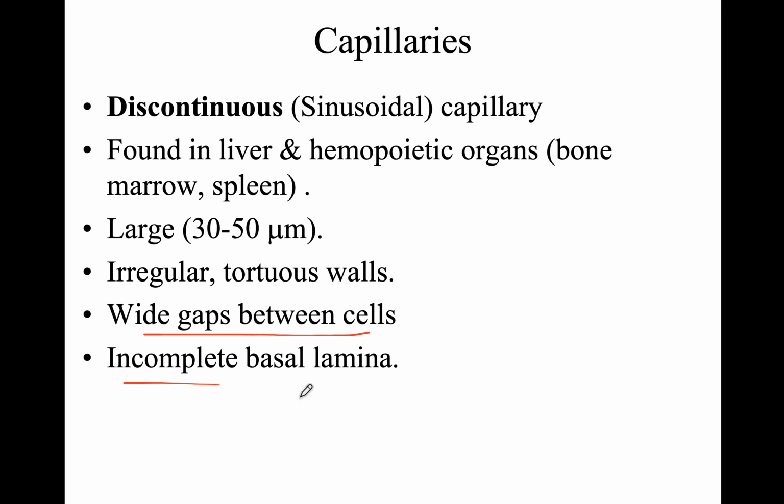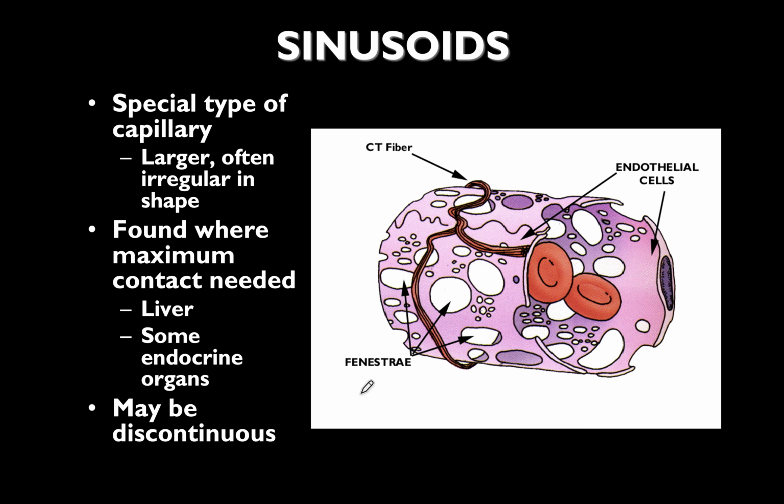The other thing is that the basal lamina is incomplete to allow maximum contact between the blood and the organ cells. So we can see here this large opening which allows the red blood cells to be in contact with the cells from the different organs, for example the liver or the endocrine organs.